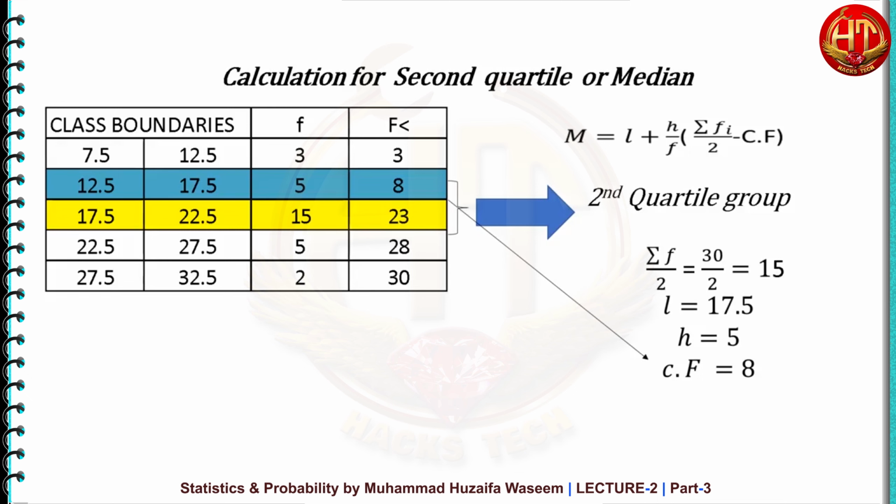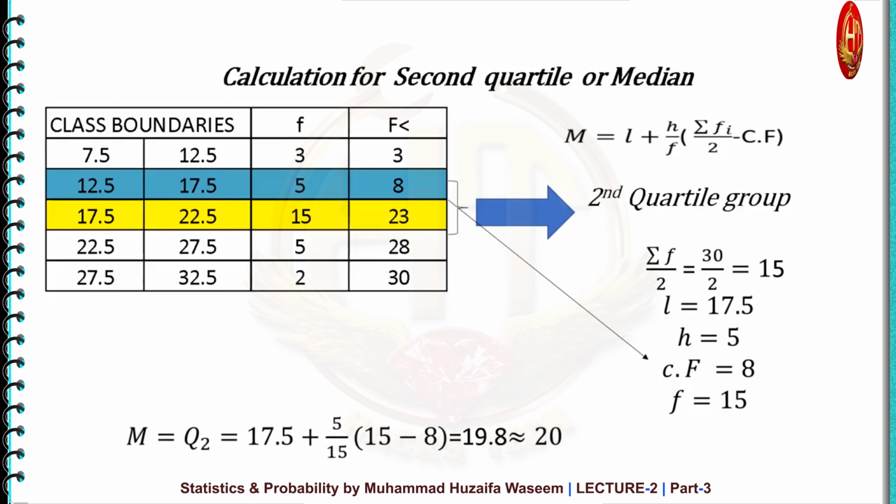You can see that. And f is the frequency of the second quartile group, which is 15. Now put all the values in the given formula and solve it. So your median, or second quartile, answer is 19.8, approximately 20.